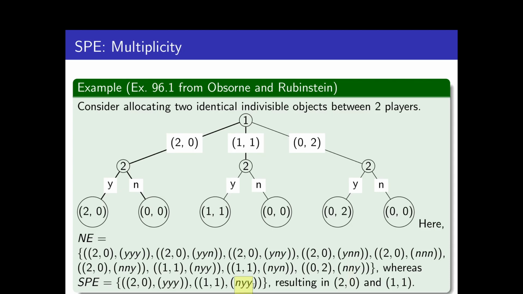Also, it's always the best for player 2, because she always accepts anything positive. Given that, of course, player 1 won't offer 0 because then it will not be accepted, but she offers the best thing that will be accepted under this strategy of player 2. She offers 1-1. And the pairs which the players get in those subgame perfect equilibria are 2-0 and 1-1. So they're different. So indeed, there is no uniqueness of equilibria, of the strategy profile, and even the pairs don't have to be unique.